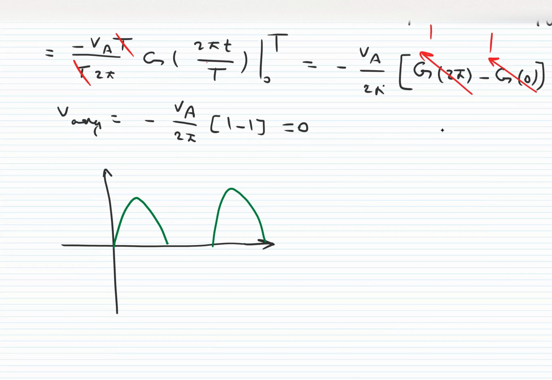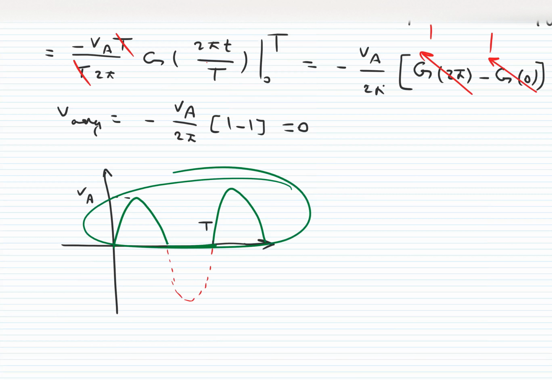The maximum value is VA and the period is T. Please note that this signal was a sinusoidal signal, but we cut the negative part of the signal and removed it and just consider the positive part. So we want to find the average of the positive part of the signal.